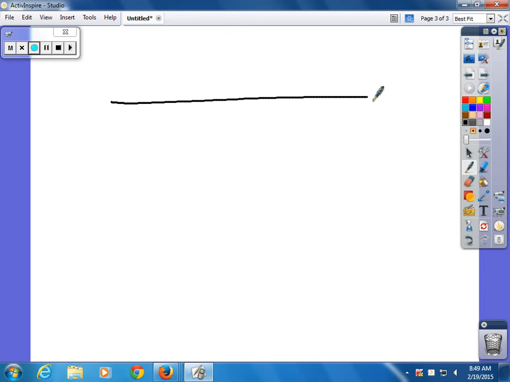You've got a lever and a fulcrum, and we've got a 10 Newton force going up at 8 meters. And let me draw a thing here. And a 5 Newton force that's at 6 meters.